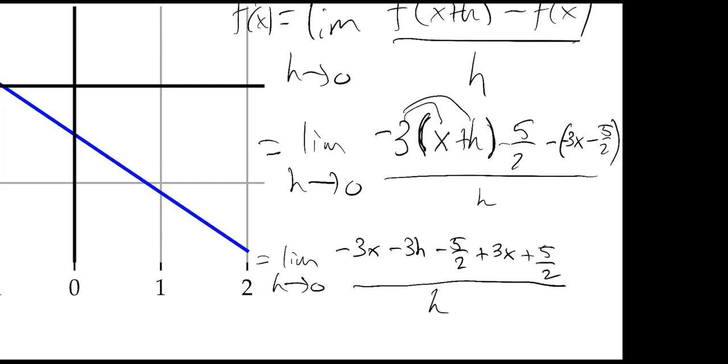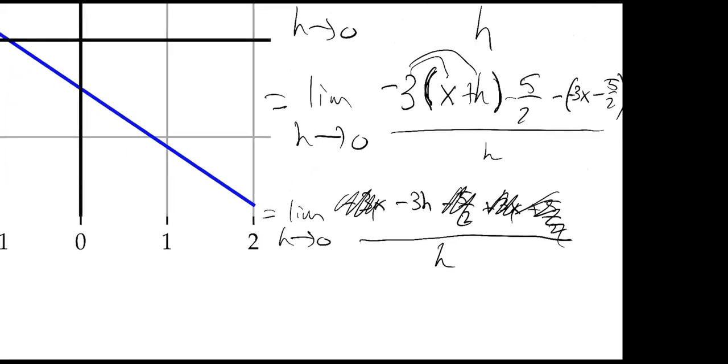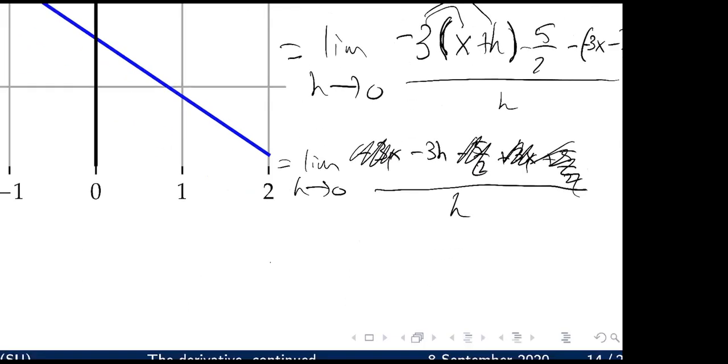And so as you can see, by magic, that cancels with that, that cancels with that, and I'm left with a beautiful negative 3. There we go. Does that make sense to everybody?